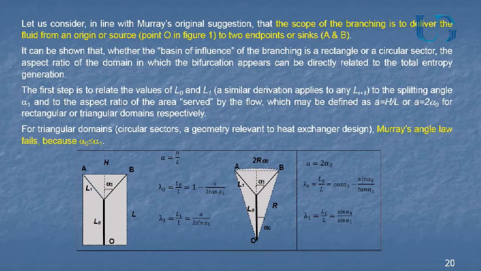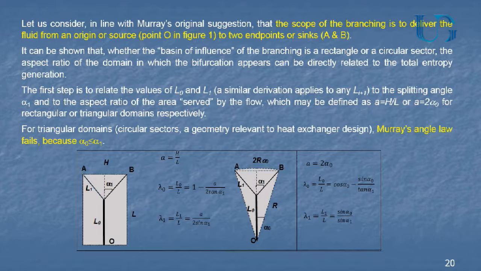Now, let's admit that this is the function of the bifurcation. We will see there is a slight modification to this idea. But then, if the 2 points A and B are closer or farther away from each other, the area which is served by the bifurcation has an influence on the shape of the bifurcation. Because if point A is here and point B is down here, then the bifurcation looks very different from what is drawn here on the wall, actually.